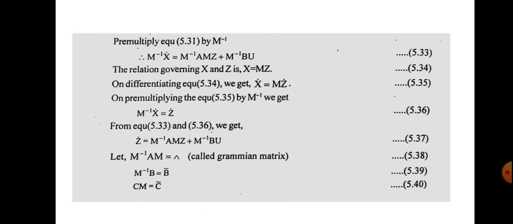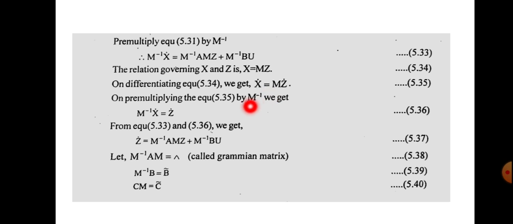If we multiply this relation by M inverse, we get on the left side M inverse x dot equal to M inverse AMz plus M inverse Bu. The relation governing x and z, we know, is x equal to Mz. If we differentiate this equation, we get x dot equal to M into z dot.